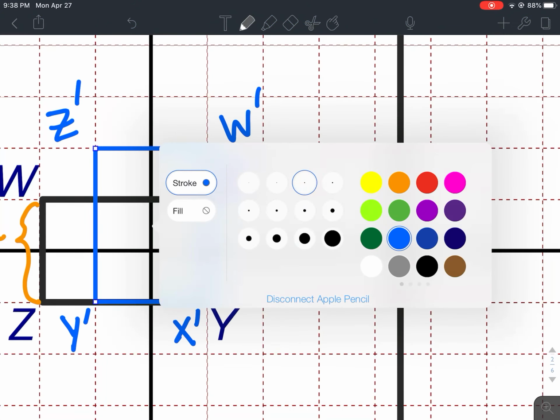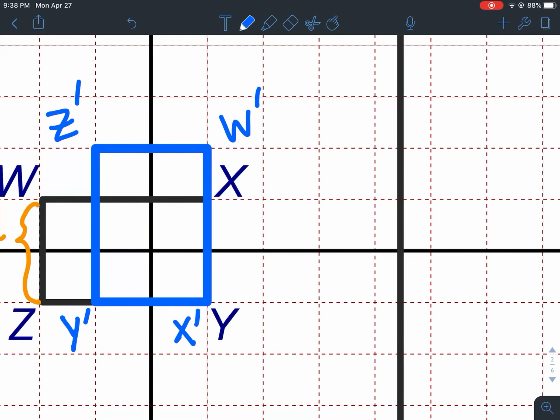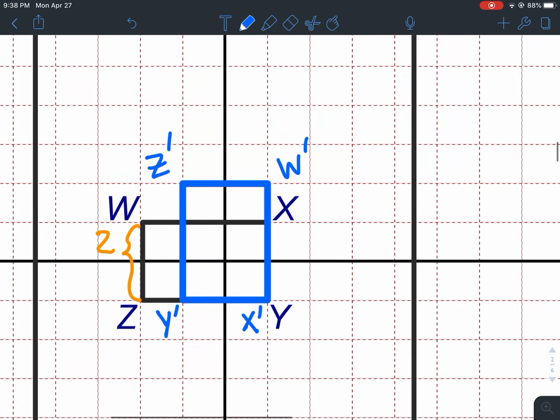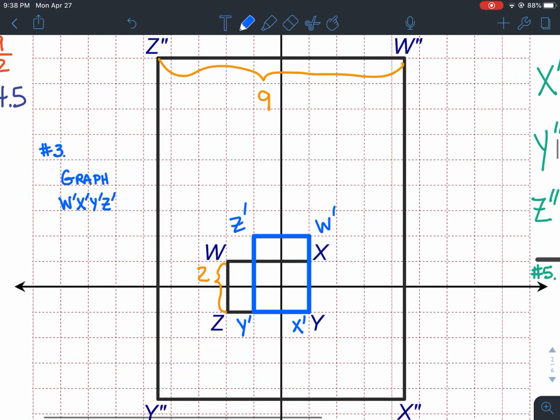I'm going to make it larger. Okay, so there is W prime, X prime, Y prime, Z prime. Take a moment, complete step 3 by graphing that figure.